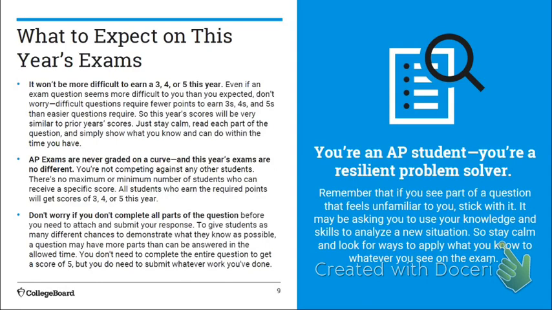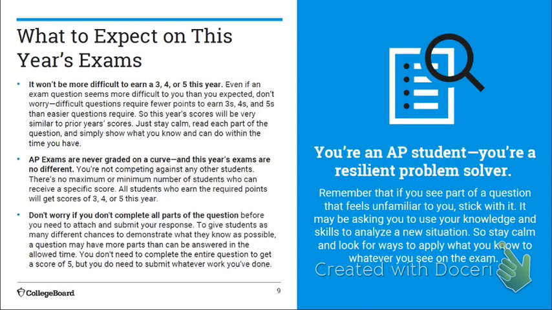It says, don't worry if you don't complete all parts of the question. Okay? The guy that led this webinar that I attended on Tuesday said that in some cases, a question may have more parts than are feasibly able to be answered in the time given.